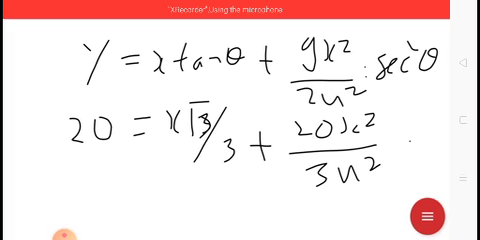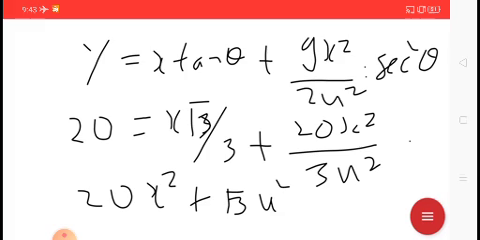In this situation, you can change to a quadratic equation: 20x squared plus square root 3 u squared x minus 60u squared equal to 0.